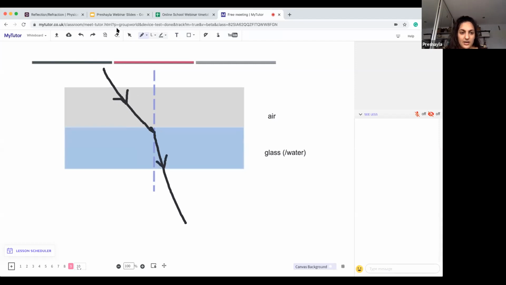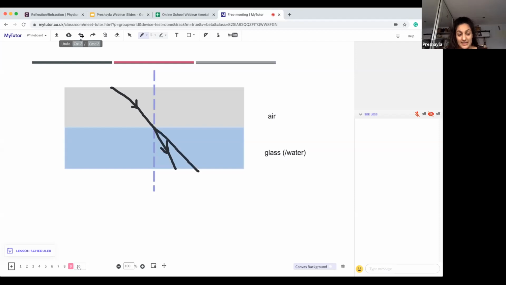And actually, what I'll do is, to not confuse us, that's going to hit there, and that's going to go down. Okay, so refraction needs to be the bending of the light. So we can't just continue it in a straight line, it needs to be bent.